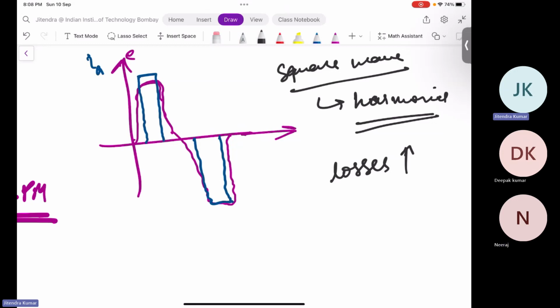Exactly. In DC machines, since you do not have any sinusoidal or square wave, you will not have such harmonic losses, and you are eliminating the requirement of power electronics converters, which is a huge thing. You are also eliminating the need for complex control, because control will be very simple in a DC machine.